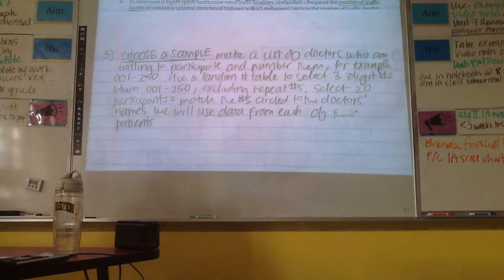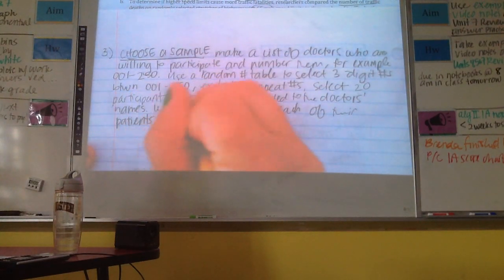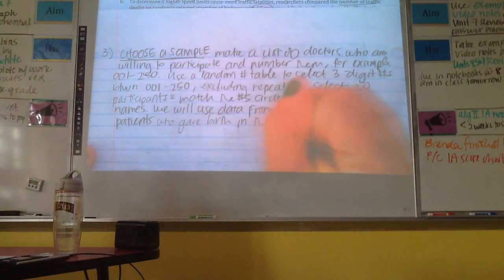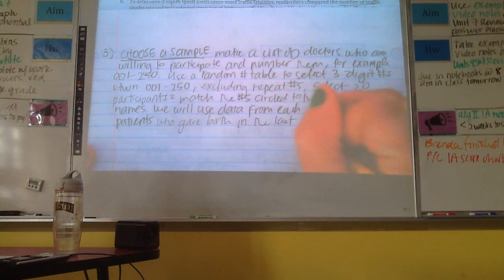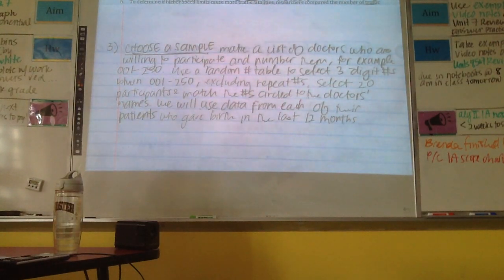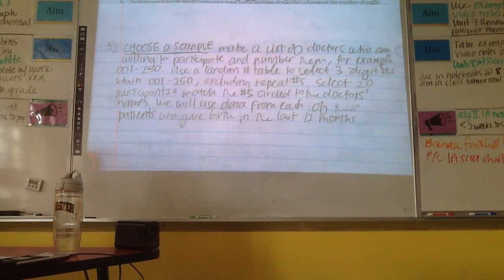So we would have to have patients who recently gave birth. Let's say each of their patients who gave birth in the last 12 months. You get to pick some of this. Maybe you're saying in the last 6 months or the last 2 years or whatever. You get to make some of these choices yourself. All right, we have a sample of people that we're going to get information on.